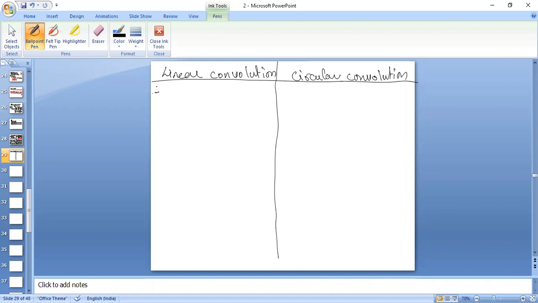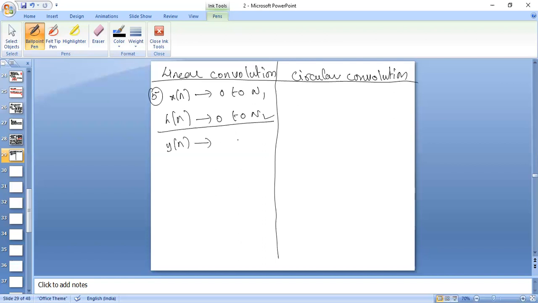And the point is, if x of n is in the range of 0 to n1 and h of n is in the range of 0 to n2, then y of n should be in the range of 0 to n1 plus n2.